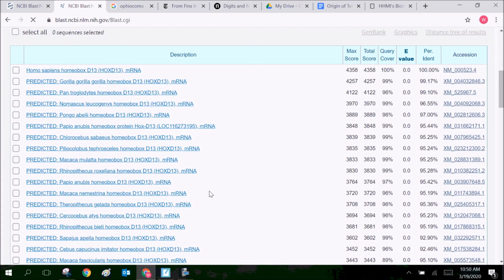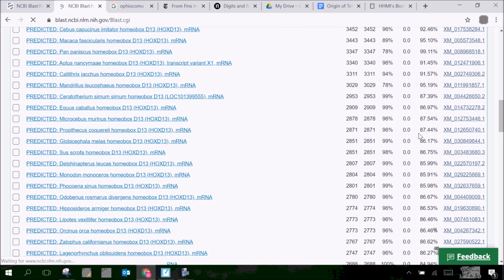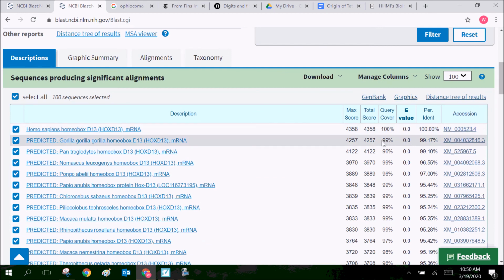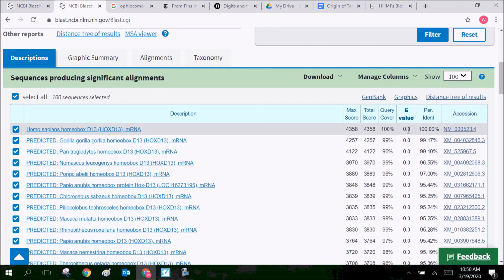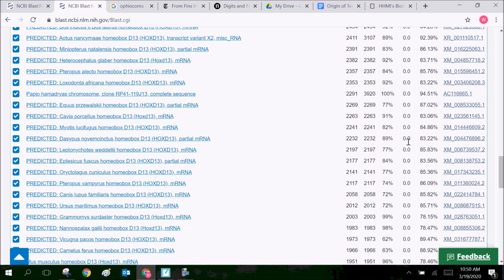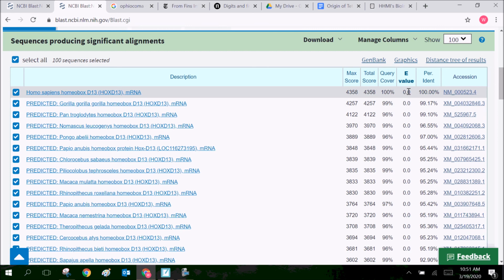Here are our results. Let's see what it's, oh, yep, gorilla, and look at that. Now the e-values, again, I don't know why the e-values are so high, but we can see that the query coverage for the gorilla is 99, the percent identity is 99. The e-value here, I'm not sure, that's really interesting to me, because if we're comparing Homo sapiens to Homo sapiens, the e-value should be really high, because obviously we're evolutionarily related to each other.